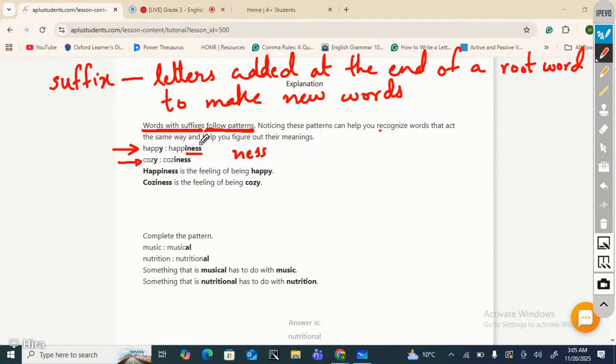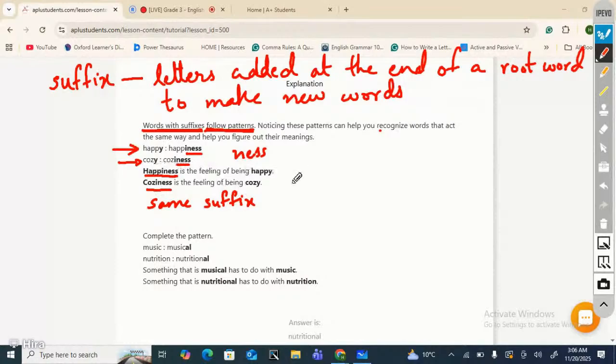If you look at the pattern these two words follow, you can recognize words that act the same way. Happiness and coziness share the same suffix and they act the same way because they follow a pattern.